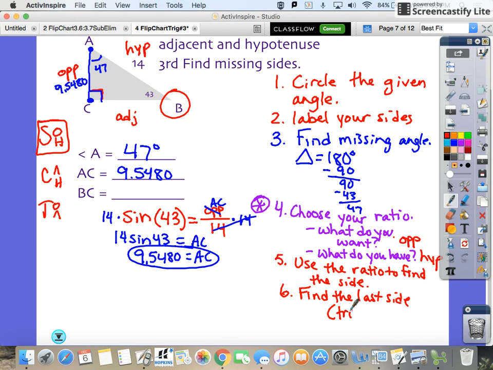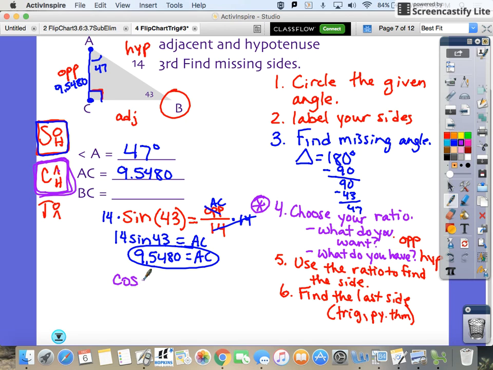You can use trig or Pythagorean theorem because they're right triangles. I'm going to use trig because to me it's easier. So for this one, what we want is the adjacent, and what we have is the hypotenuse. Adjacent and hypotenuse is this one right here. Sorry, that was our first one. The second one is adjacent and hypotenuse, so we're using cosine.